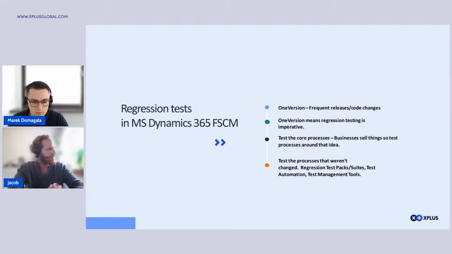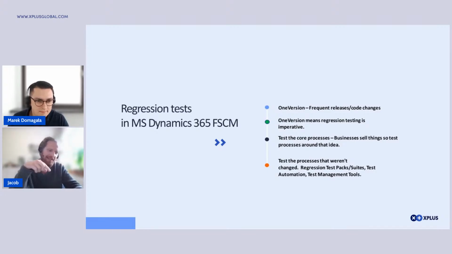One key to that, though, is something that I know Marek will talk about quite a bit: there's doing things by the book, which by the book would be, hey, you test every single process. But in reality, because of capacity and resource limitations, you're typically testing core processes. And what I mean by core processes is that businesses are designed to sell things. Goods, services, whatever it is.